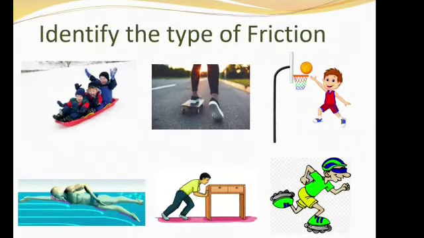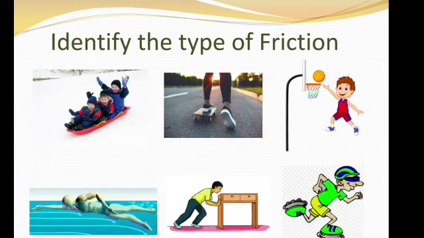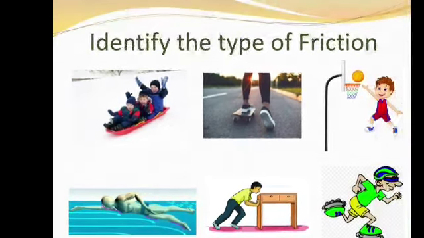Identify the types of friction. For this one, here is sliding friction. This is sliding friction. Then here is rolling. And here rolling friction, then the viscous friction or the fluid friction, then the static friction, then the rolling friction.